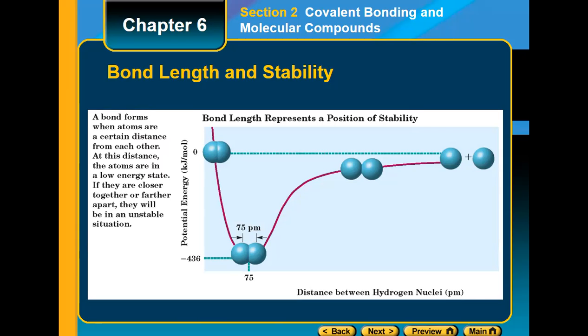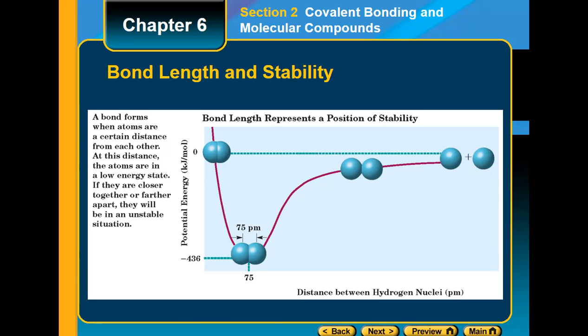And also there is something important to know, that it varies and depends on the kind of bond that will be formed. In your textbook, page 182, you will find a table that represents different compounds or molecules with the average bond length and the average bond energy.